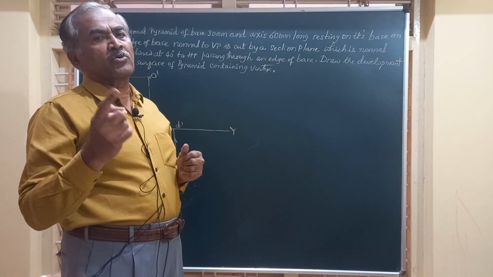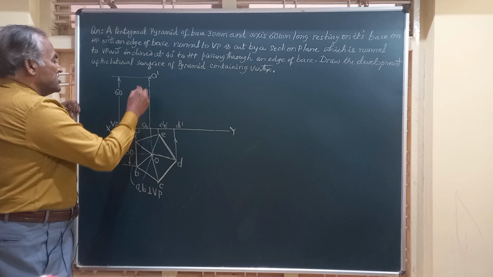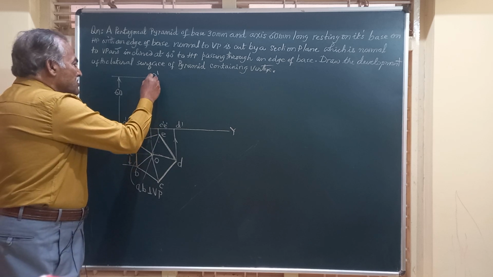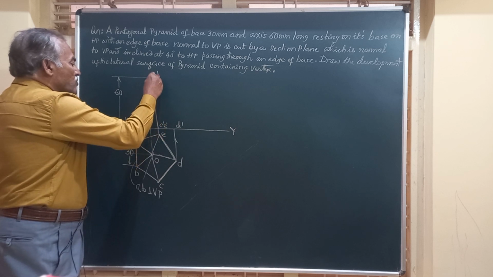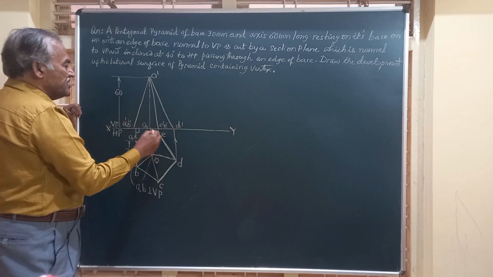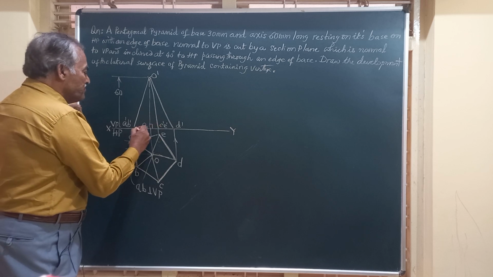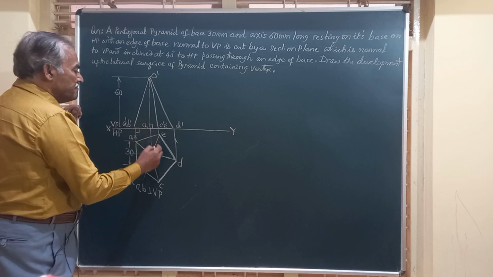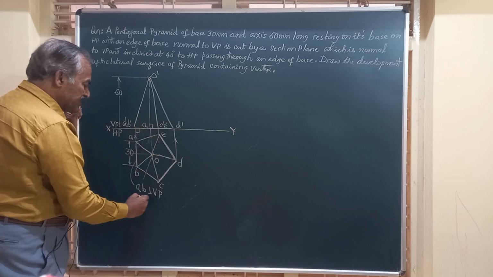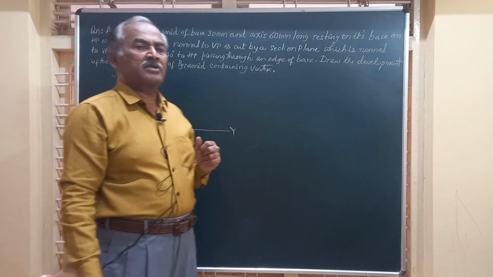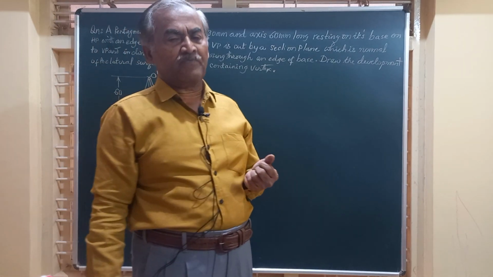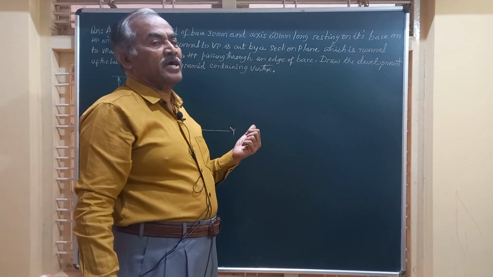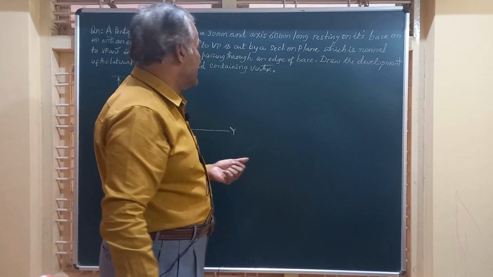Now let us join the vertex to all the corners: O dash to A dash, B dash, C dash, D dash, and E dash. Here you can see the pyramid is resting on HP on its base, with one of the shorter edges of the base perpendicular to VP, and we have drawn the top and front views to the given dimensions and as per the requirements of its placement.